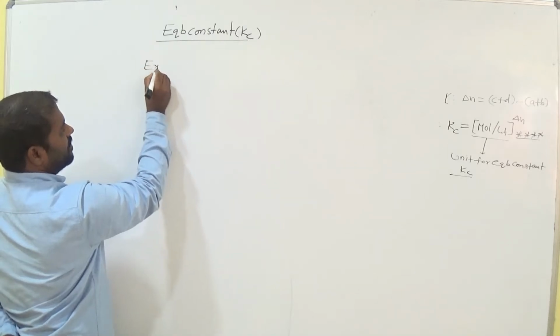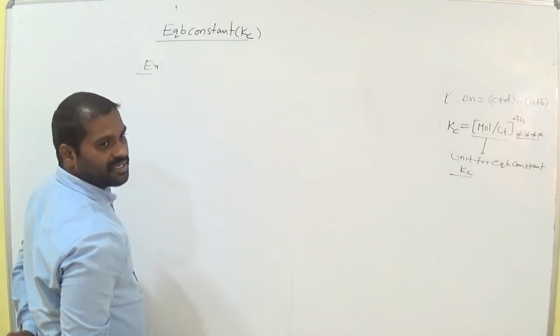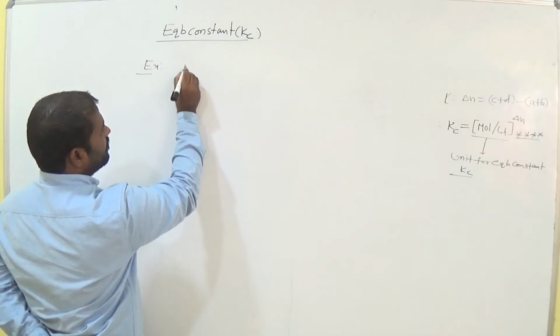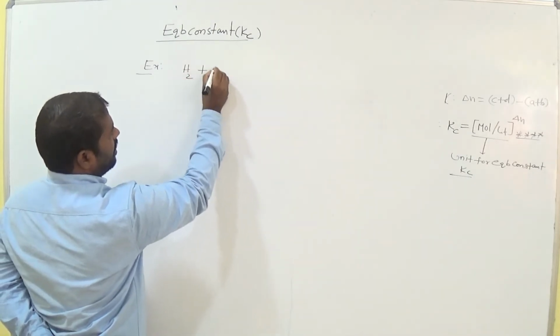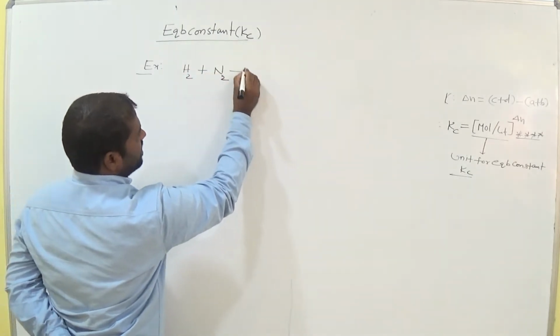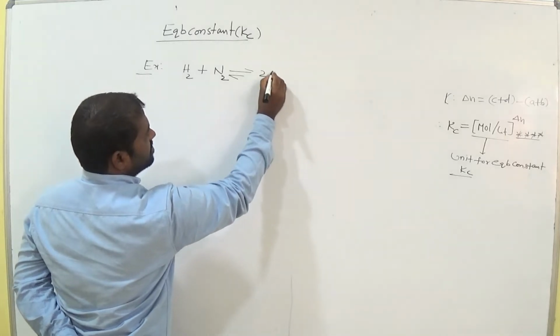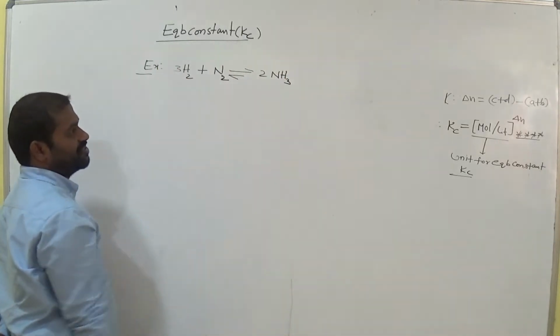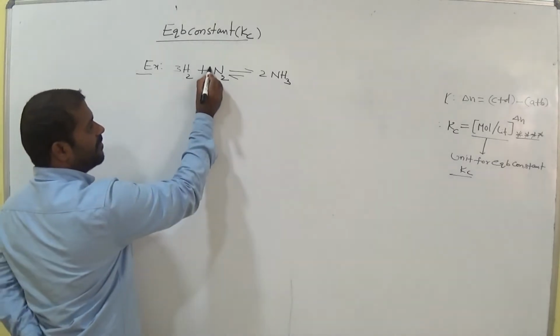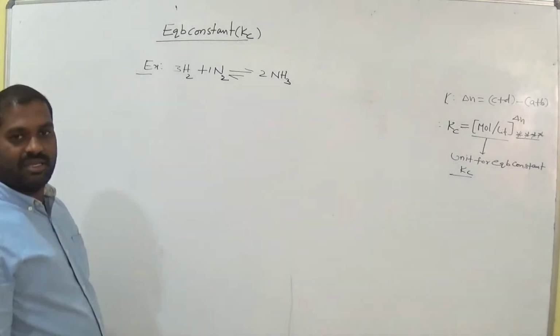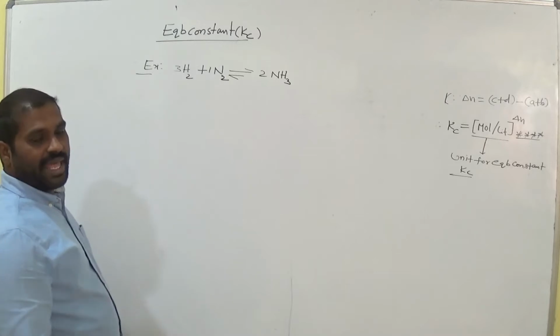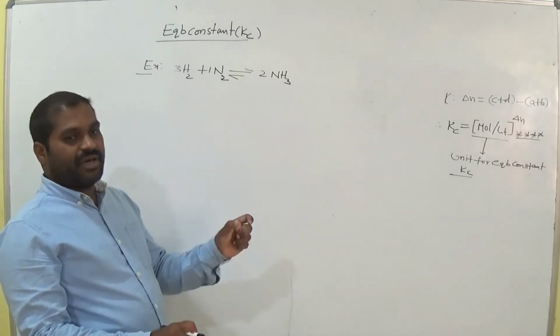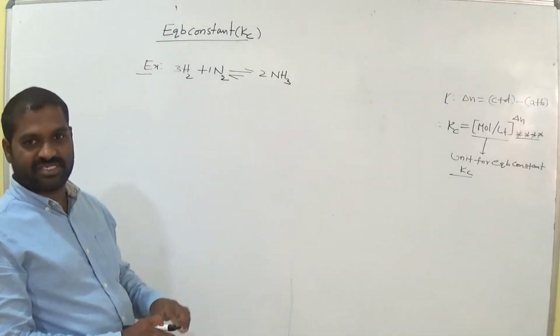Let's see an example regarding this concept. H2 plus N2 is reversible to 2 NH3, with 3 of H2 and 1 of N2. This is the equilibrium equation. Now I would like to calculate the units for the equilibrium constant Kc for the given reversible reaction.